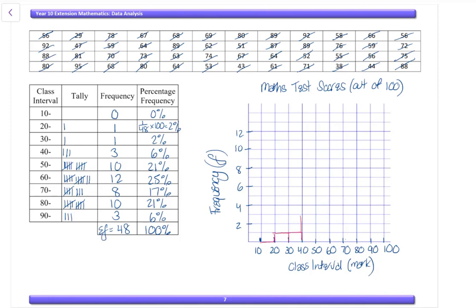Then we've got 3 and 10, 12, 8, 10, and 3.